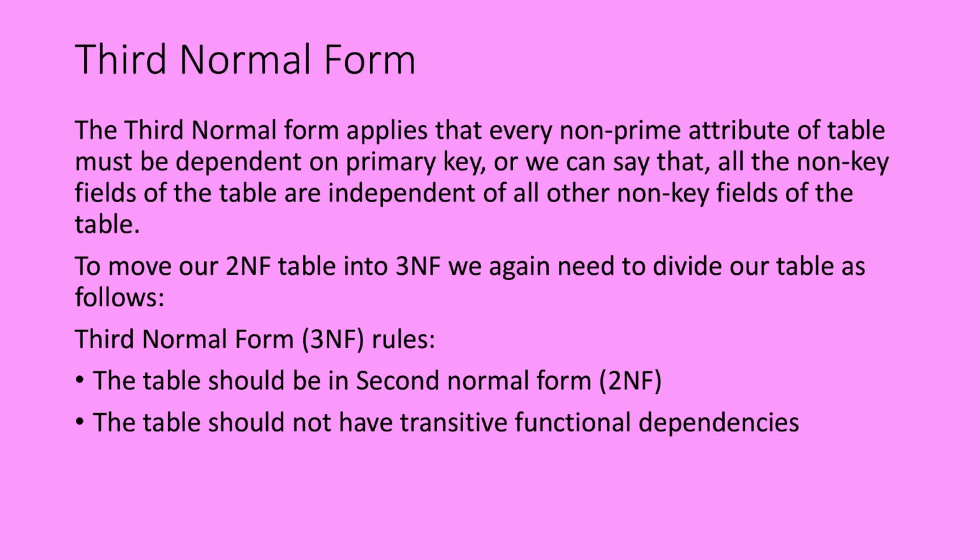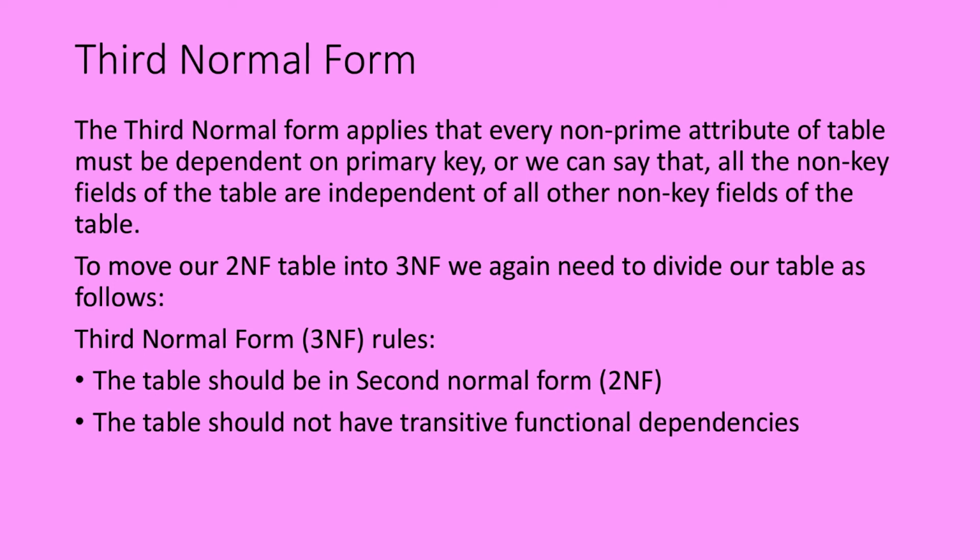Third normal form rules. The table should be in second normal form. The table should not have transitive functional dependencies. That is, every single value should be independent of itself and do not depend on other values.